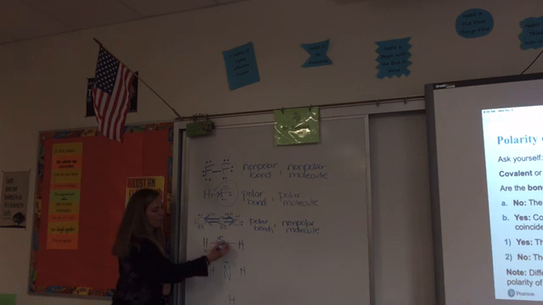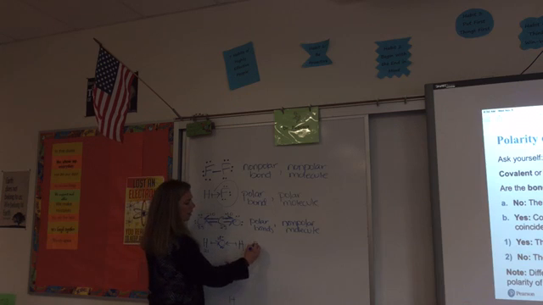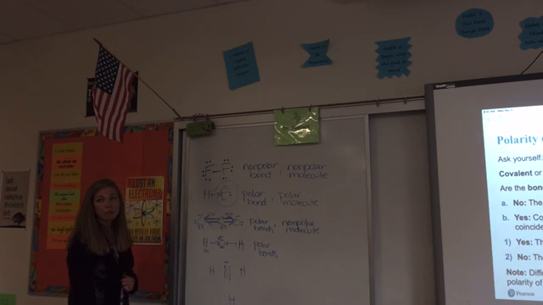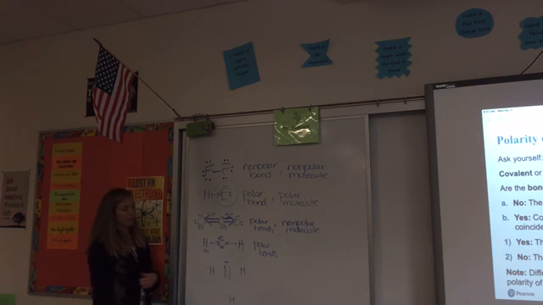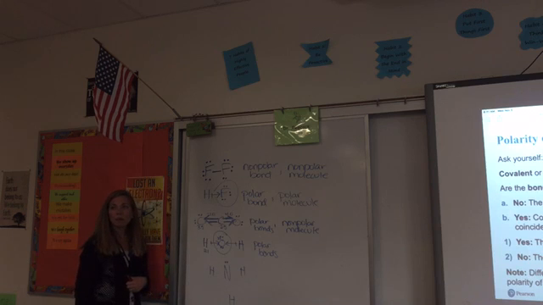Oxygen. So they're being pulled inwards towards oxygen. Okay, so polar bonds. Is the molecule polar or nonpolar? Polar. It is polar. Why? Because all the electrons are being pulled towards the middle, right?